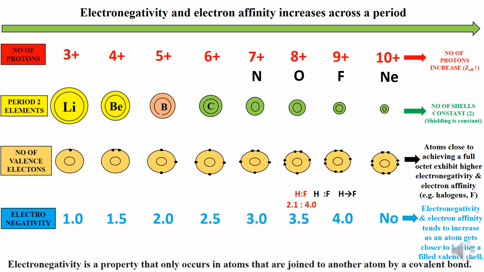As you can see, fluorine is very close to the noble gas group or the zero group of elements. So its tendency will be more to attain the stable electronic configuration, and therefore the electronegativity and electron affinity of the fluorine atom will be more.